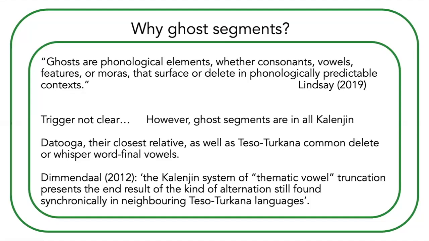Dimendal in 2012 says the Kalenjin system of thematic vowels, which he puts in inverted commas, presents the end result of the kind of alternation still found synchronically in neighboring Teso-Turkana languages. So rather than a synchronic phenomenon like the ghosts that Lindsay talks about, it seems that ghost segments in Sengwer are a diachronic phenomenon.